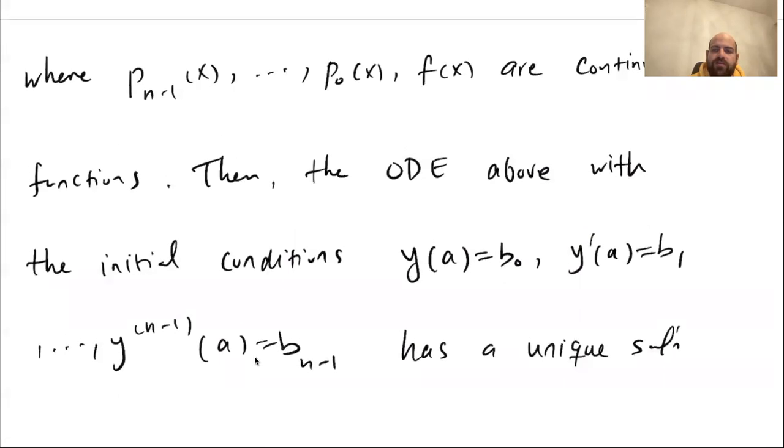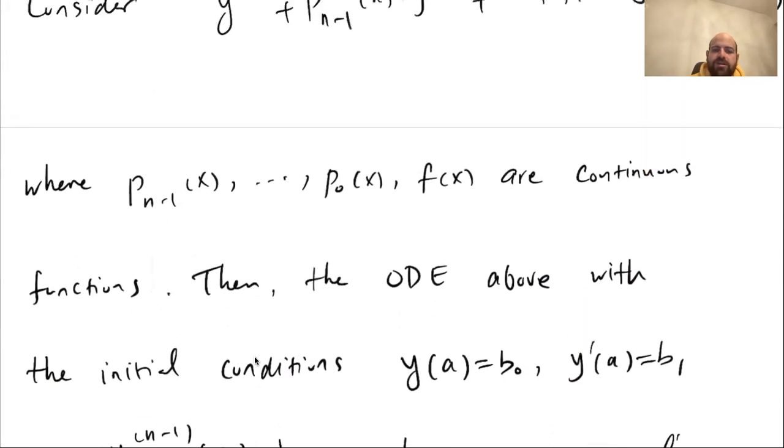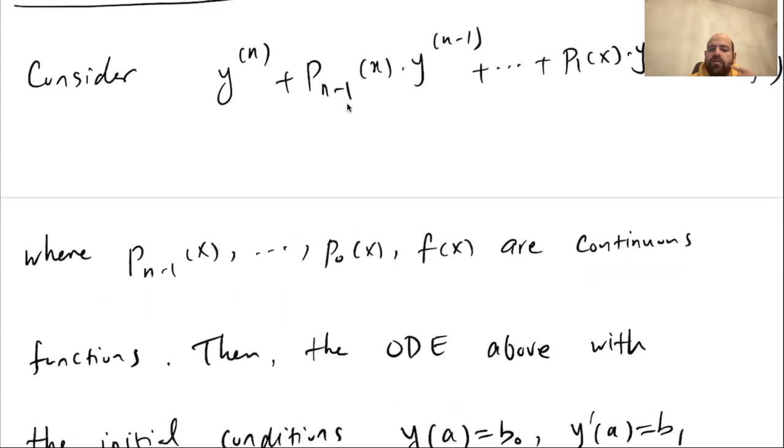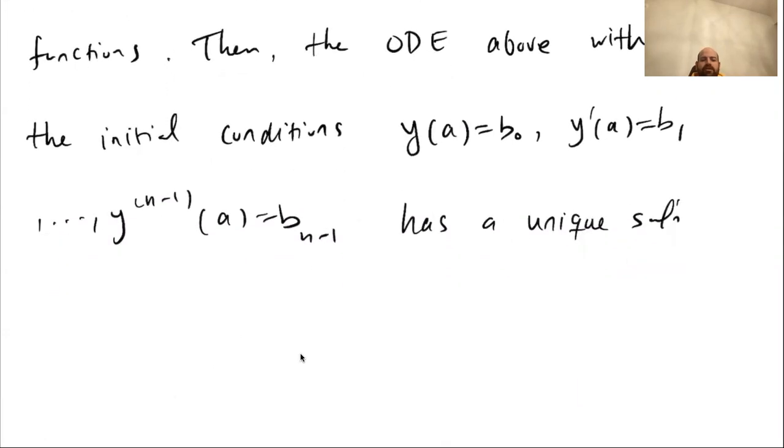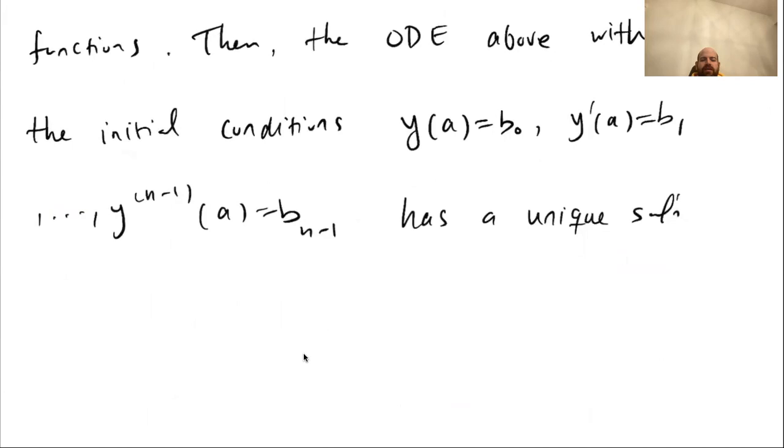So if you have an nth order differential equation with n initial conditions, and all the coefficients and also the function on the right hand side are continuous, then we can say that the solution exists and is unique. So now that we know under this condition the solution exists and is unique, the question is, how can we find the solution? Or how can we find the general solution?